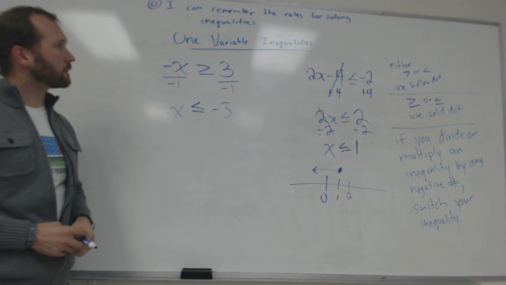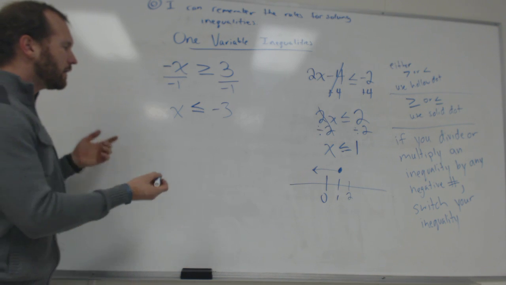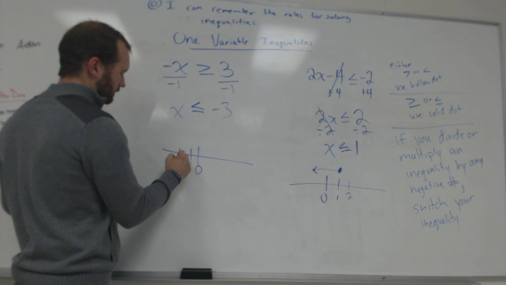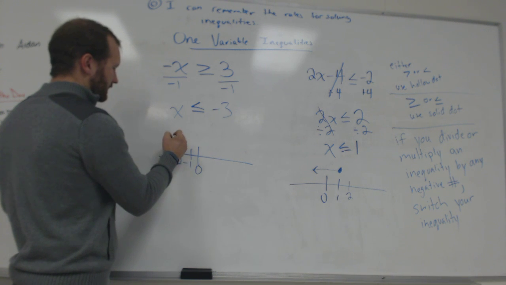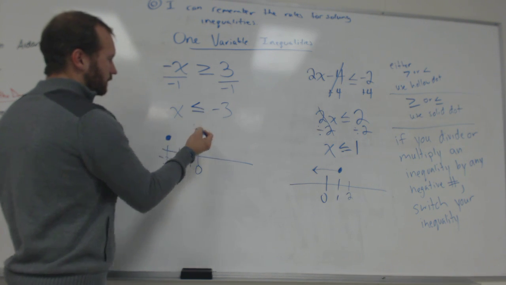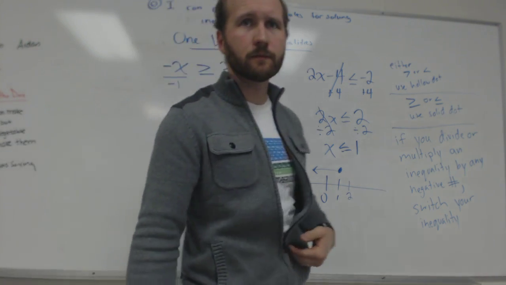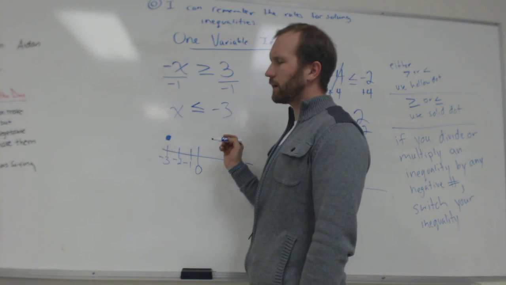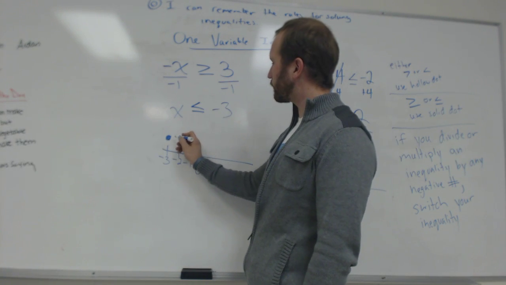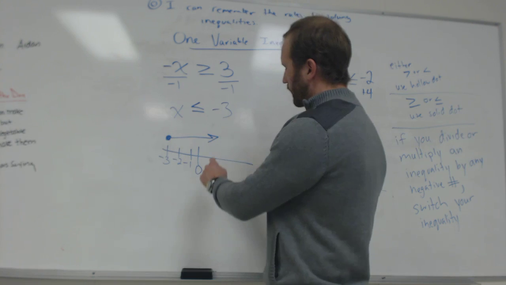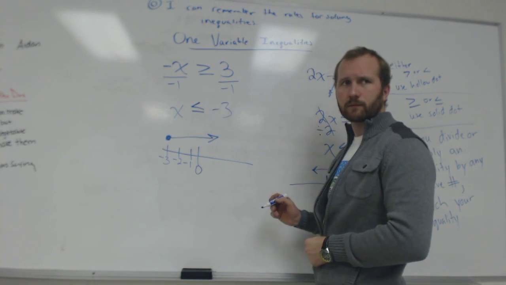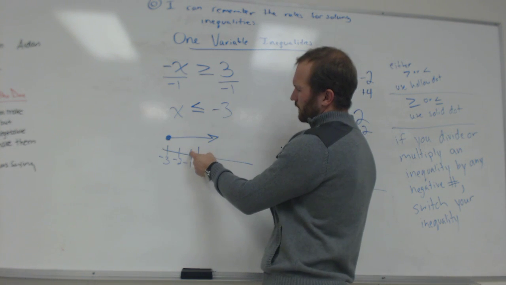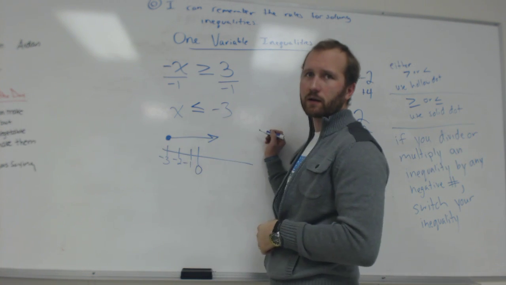Okay? So now I'm ready to graph it. Solid dot or hollow dot? Solid dot, because we have the equal to. Left or right? Right. It says less than -3. So if I go to the right, my arrow is going to look like a greater than symbol, right? Is -1 less than -3?